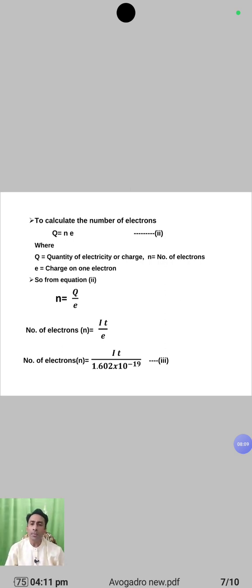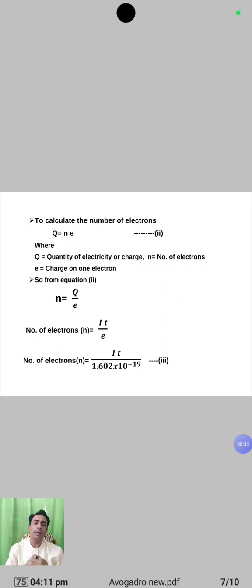So if you know the number of electrons and the charge on each electron, you can calculate the total charge. Q is equal to N into E. N is the number of electrons and E is the charge on 1 electron. So you can rearrange this equation to get the number of electrons is equal to Q upon E.